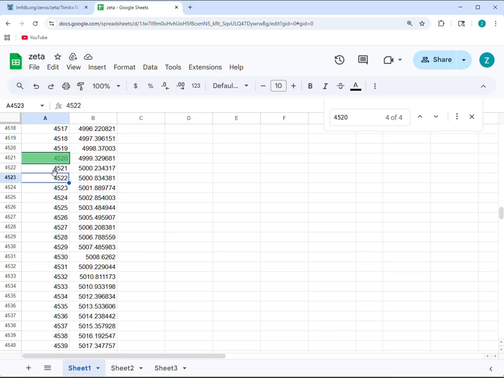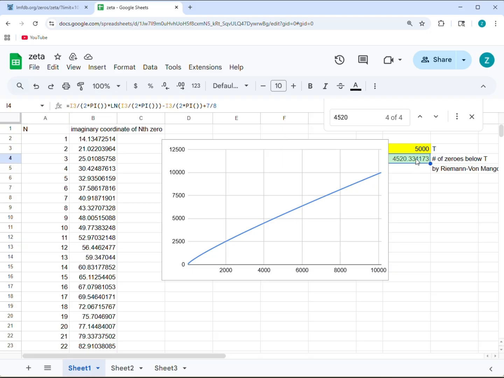Indeed, the 4,520th zero has an imaginary part of 4,999, and the 4,521st zero has an imaginary part of just over 5,000. So the number of zeros with imaginary part less than or equal to 5,000 is 4,520. So this formula is once again correct.